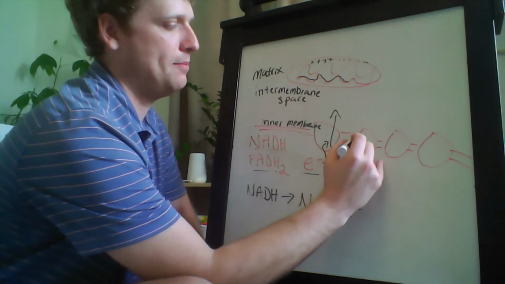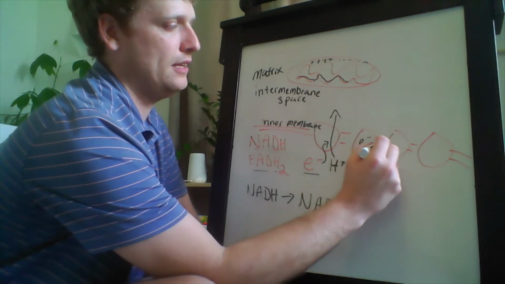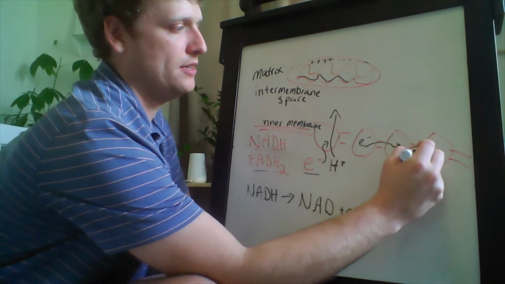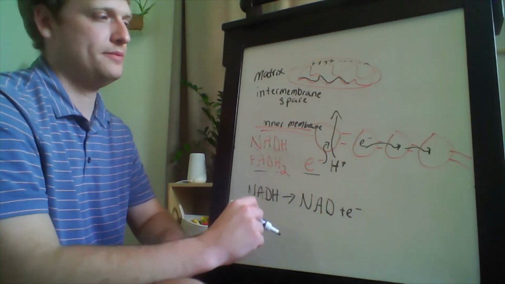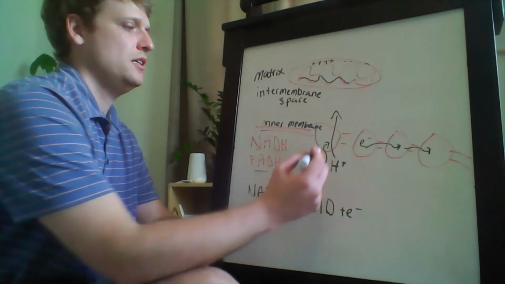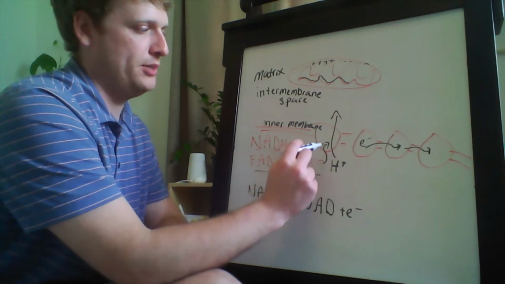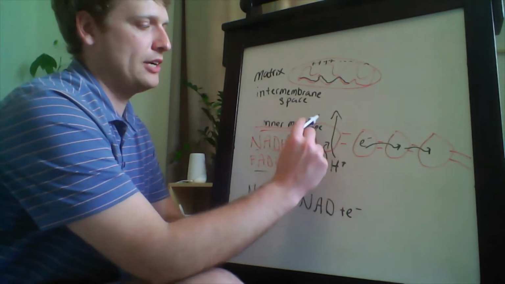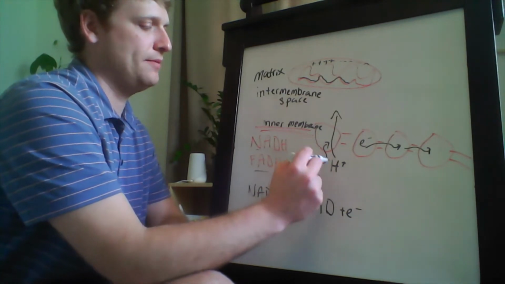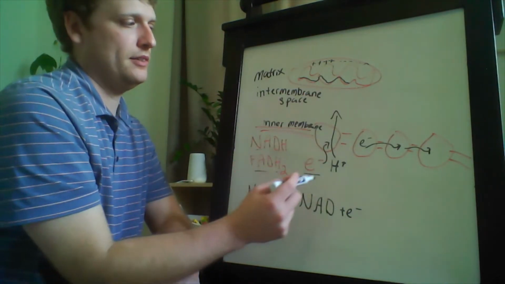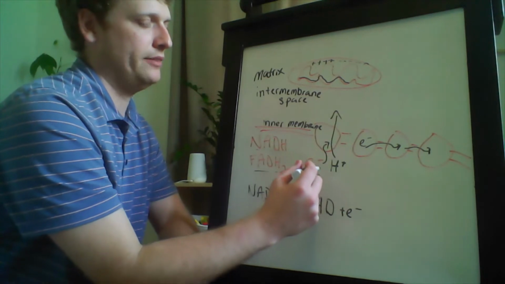And the same thing happens as that electron bounces through these different subunits. So this electron is dropped off here at this first subunit, this first protein. An electron bounces around again. Hydrogen gets pumped to the other side of this membrane.